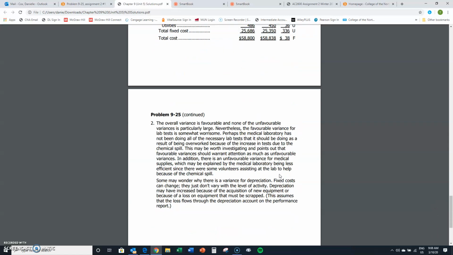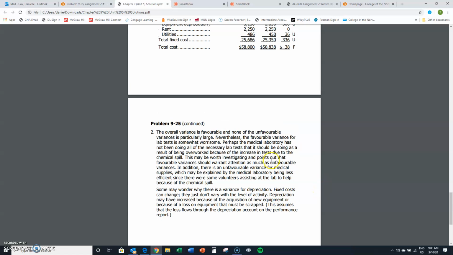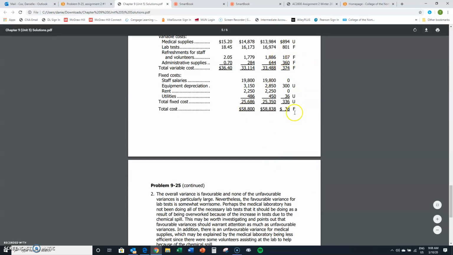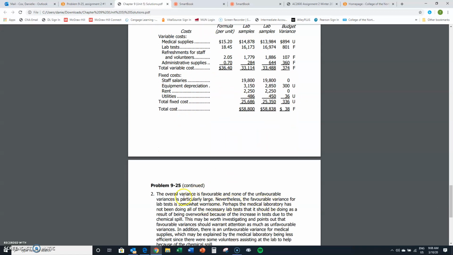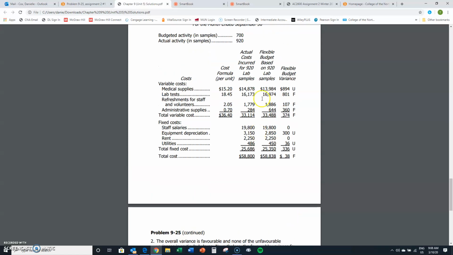Then in the second part: do you think any of the variances in the report should be investigated? Well, one, you look at the size. But one thing they mention here is the favorable variance for lab tests. Again, why?